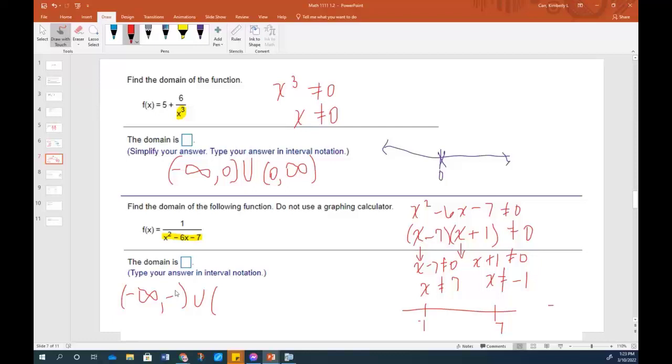So I'm going to have to skip negative 1. And then I can travel all the way to 7, and then skip 7, and then I can just keep going to infinity. So that's interval notation. I know it's kind of a crazy thing to look at, but that means you've got to skip the negative 1 and skip the 7, and everything else would be okay to use.